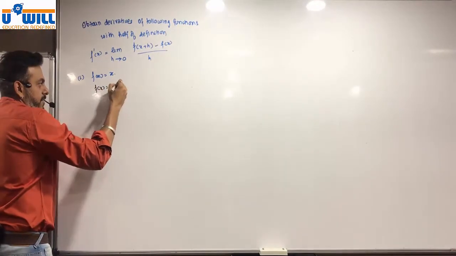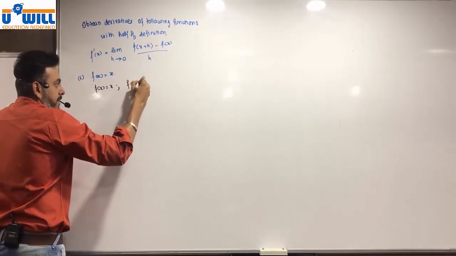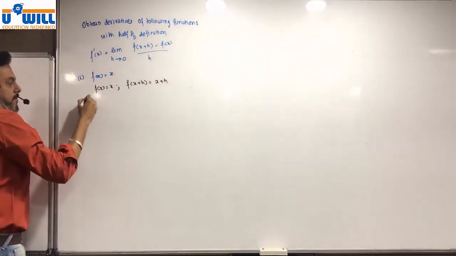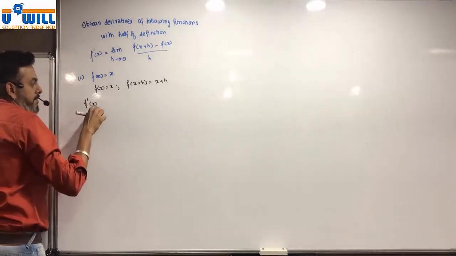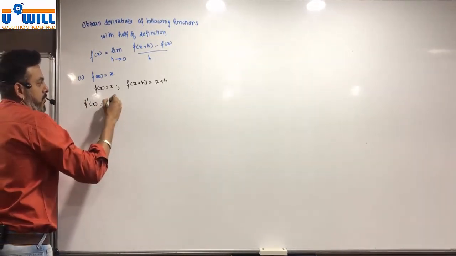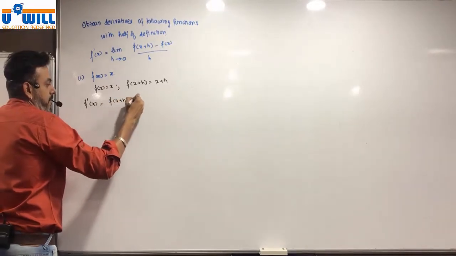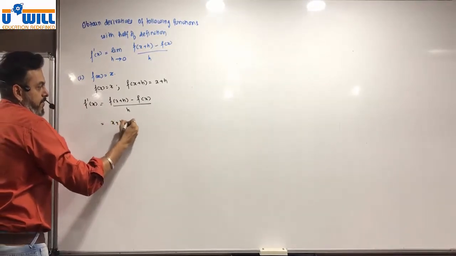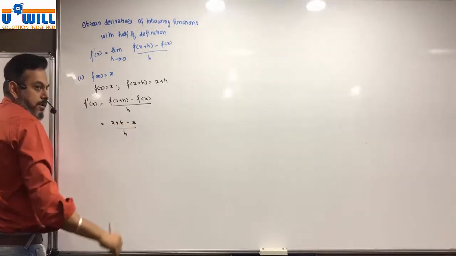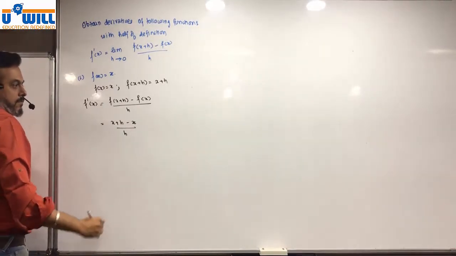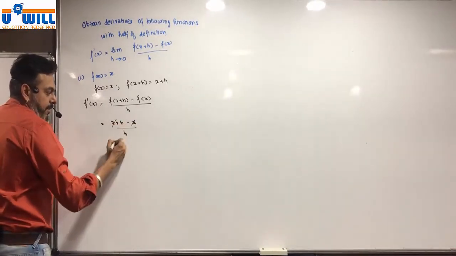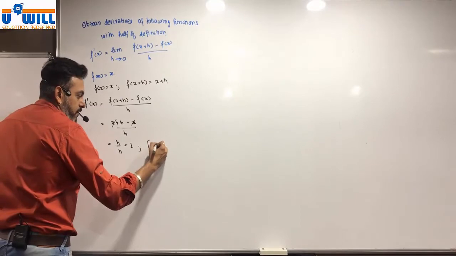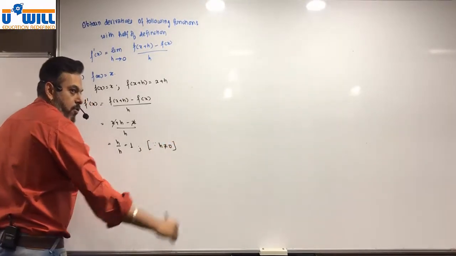f(x) is equal to x is given, so f(x + h) is equal to what? x plus h. The derivative of the function is f(x + h) minus f(x), upon h, which is equal to x plus h minus x, upon h, which is equal to, cancelling h upon h, 1, because h is not equal to 0.